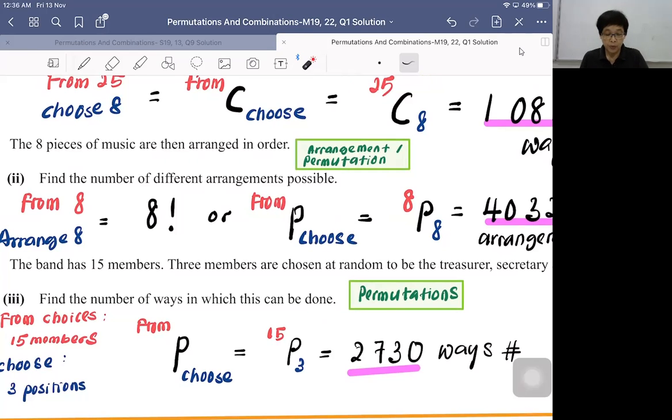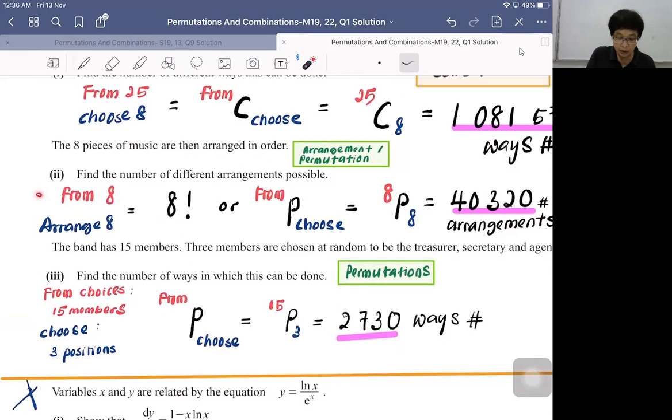Yes, therefore, if you note, I have written here, from 8 pieces, they can arrange the 8 in any order at all. Therefore, you can choose factorial, putting in 8 factorial, or you can choose nPr.